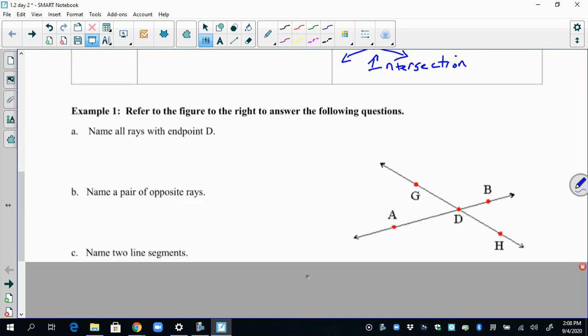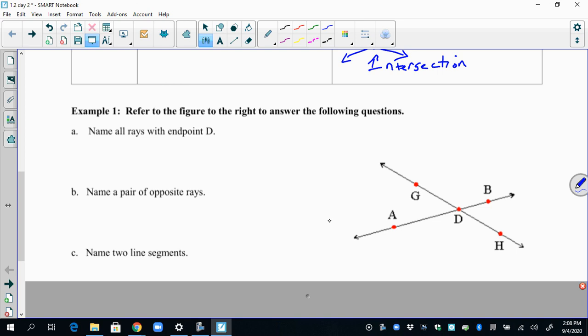Okay, if we refer to this figure, we want to name all the rays with endpoint D. So if we just take a look at the drawing, and I'm going to do it in different colors, I have this ray, DB. Another ray, if I start at D and go out this direction, DH.